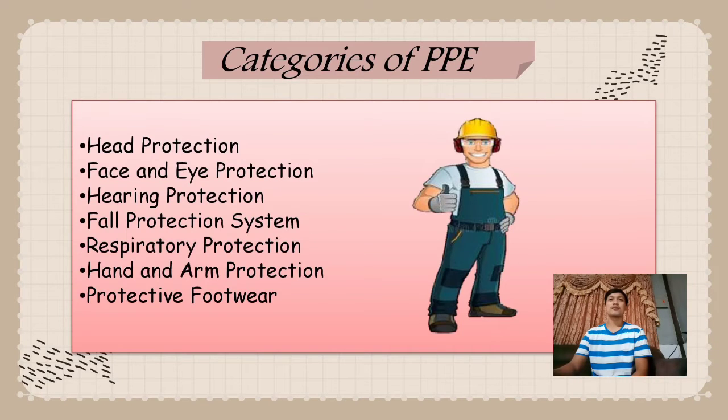Another is, we have 7 categories of PPE. PPE is categorized into 7. These are head protection, face and eye protection, hearing protection, full protection system, respiratory protection, hand and arm protection, protective footwear.